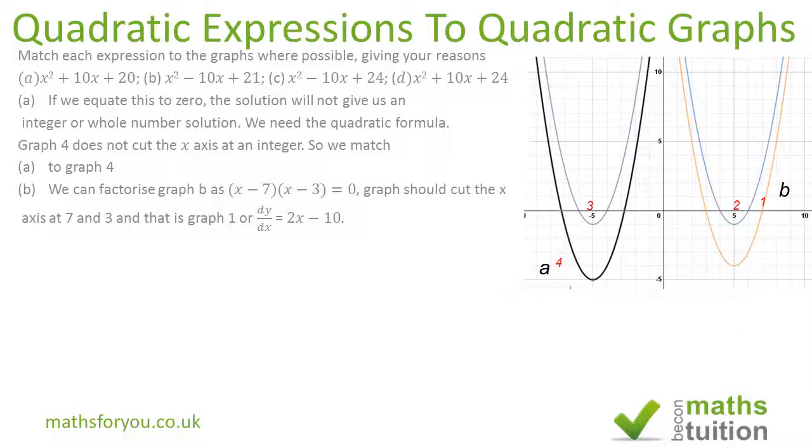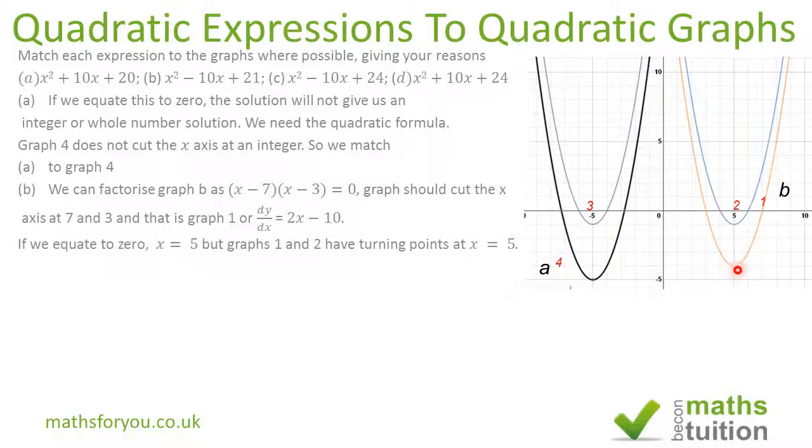Or we can differentiate expression B to give us 2x minus 10. Because that is the turning point, 2x minus 10 equal to 0 means that x is equal to 5. So the line of symmetry for expression B is the line x equal to 5.